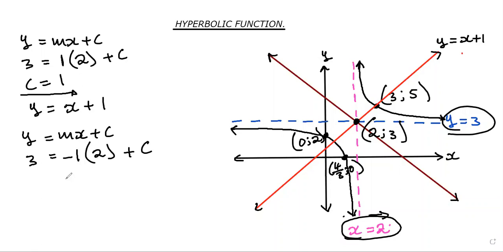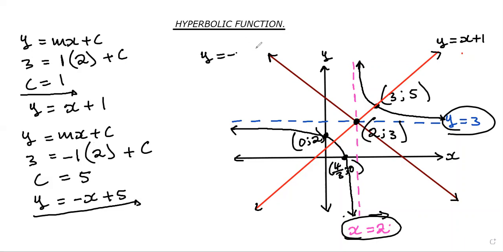Taking it to the left, it becomes positive. So 3 plus 2 is 5, meaning the value of c is 5. This means the equation of the line of symmetry with a negative gradient is y equals negative x plus 5. So you come and plug it in there.